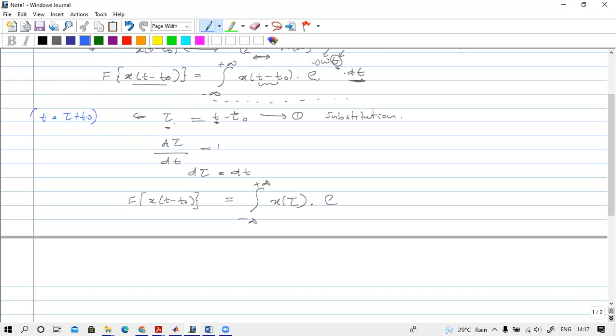So I am going to substitute these terms here. I will get e to the power minus j omega (tau plus t naught), and I will get d tau.